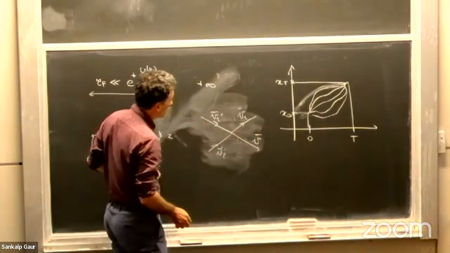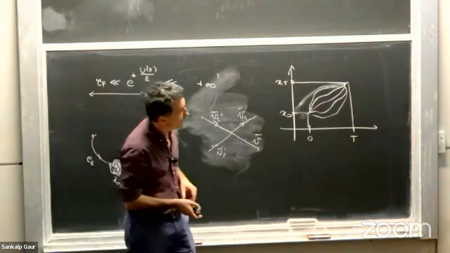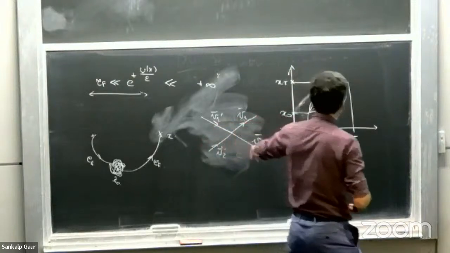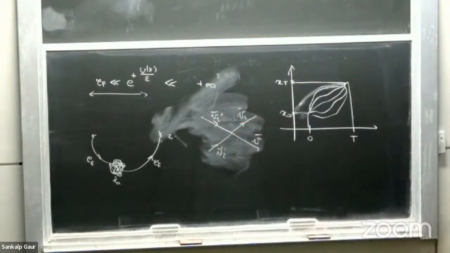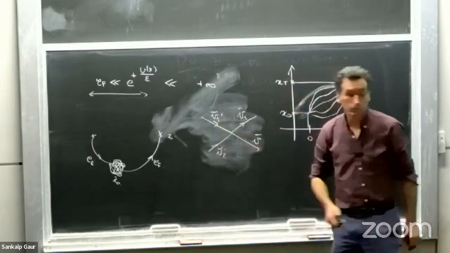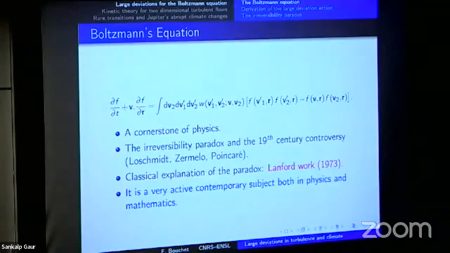You need to look at this process. This one, for instance, is proportional to the probability to have v'1 and v'2. So it gives you this term, and the other gives you the other term. Maybe there is a sign error here. And this is the rate of collision between these different velocities, the collision rate.